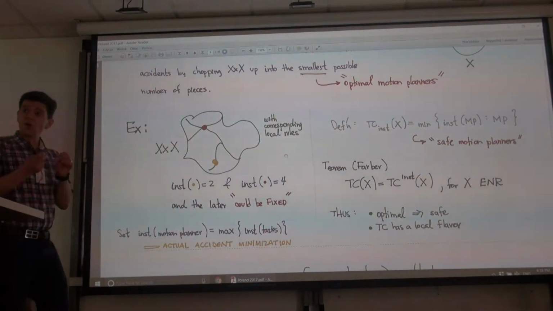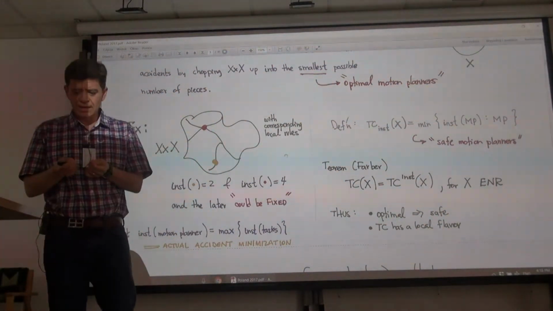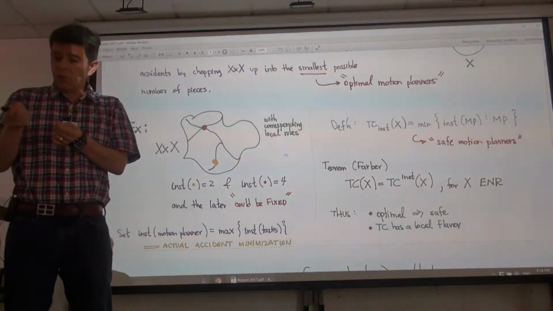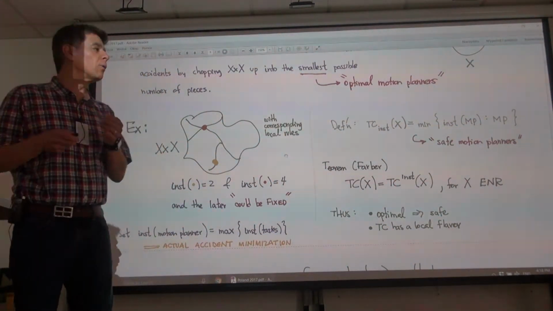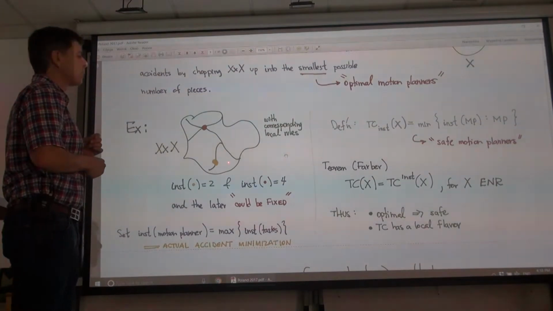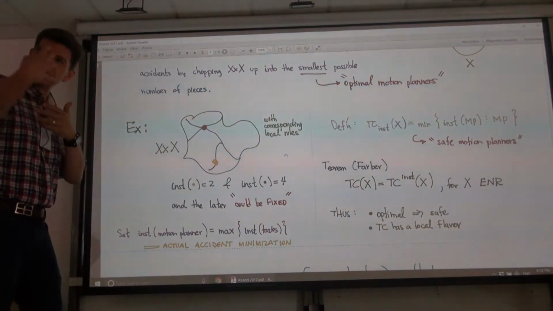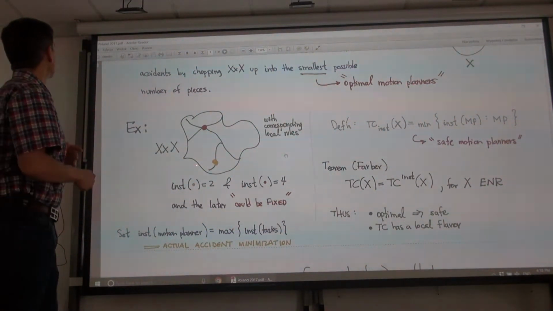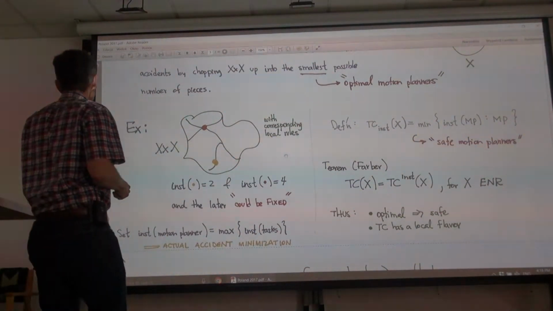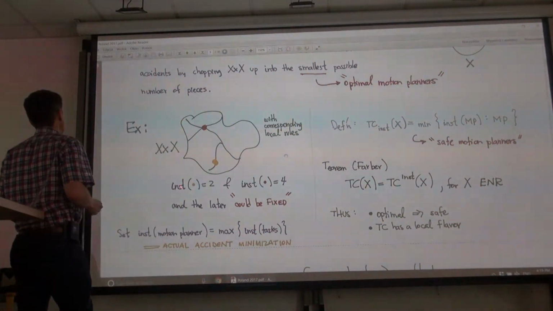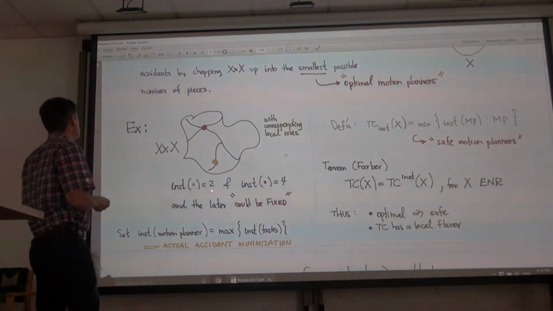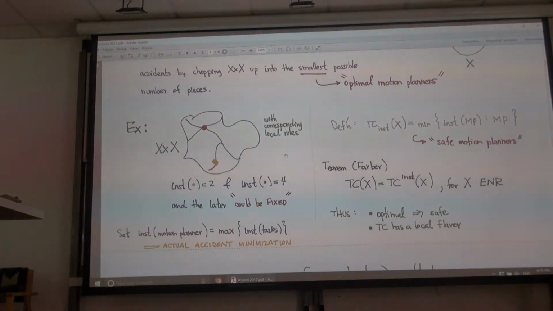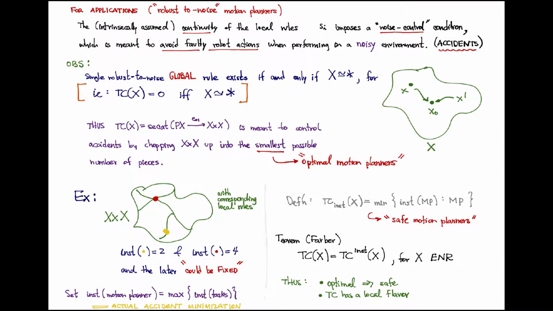In the presence of noise, this would be a task which, if it is moved a little bit, one would not be sure whether to apply the local rule coming from the right-hand side or the other local rule. So I will say that this task has instability order of 2, and this one would have instability order of 4. And of course, this is the possibility of having an accident because of the presence of noise.